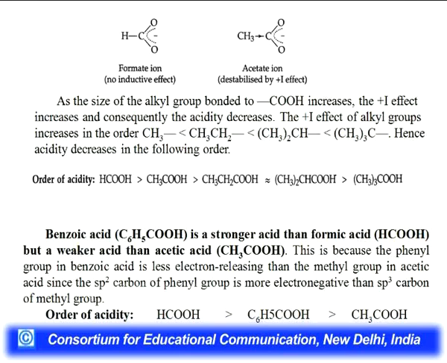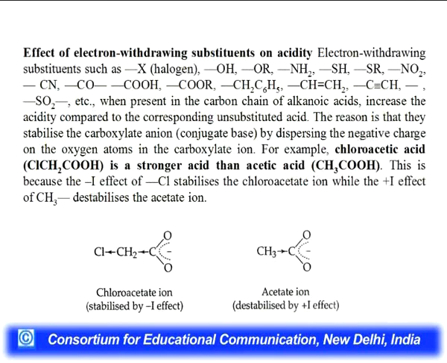Why? Because the phenyl group in benzoic acid is less electron releasing than the methyl group in acetic acid, since the sp2 carbon of the phenyl group is more electronegative than the sp3 carbon of methyl group. So, the order of acidity is formic acid, then benzoic acid, then acetic acid.